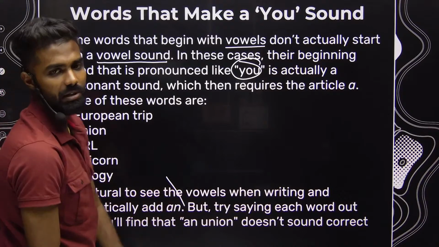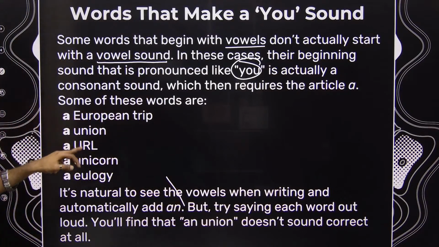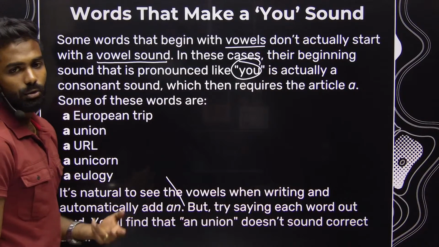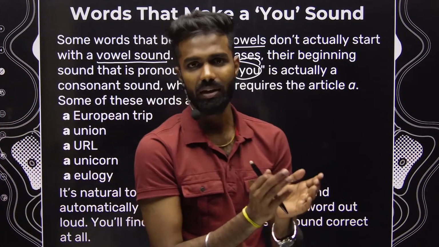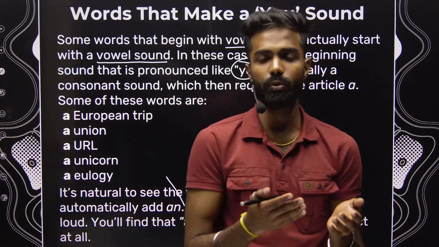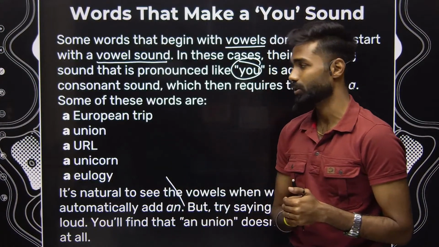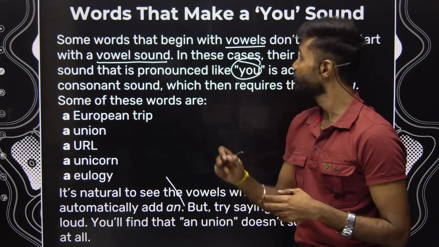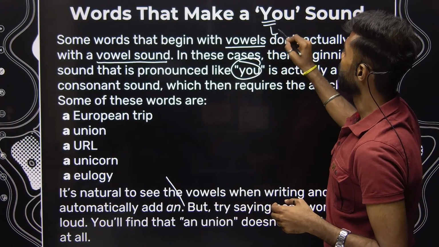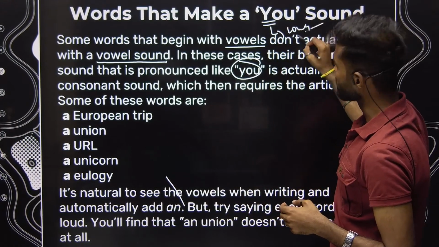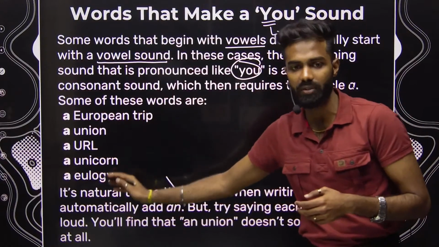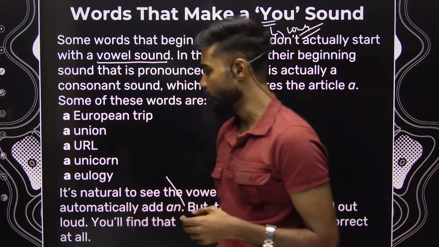If you simply see a vowel letter and put "an", then it is incorrect. You always have to pronounce it. What is this sound? A consonant sound. So since it is a consonant sound, as in Europe, I'm using "a" before it. Clear? That's it.